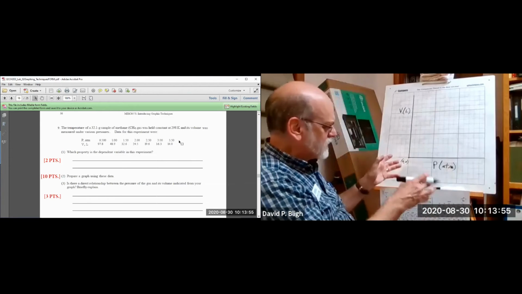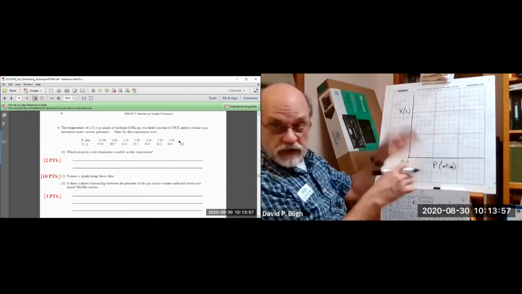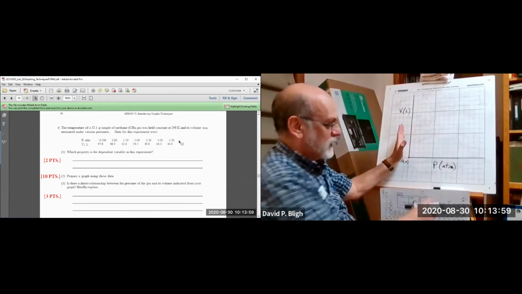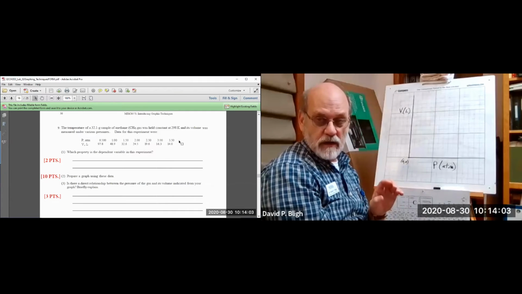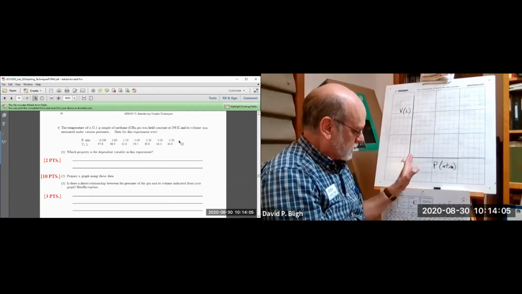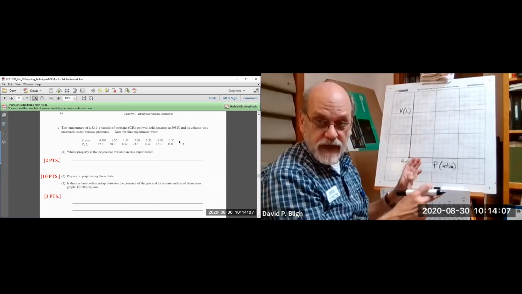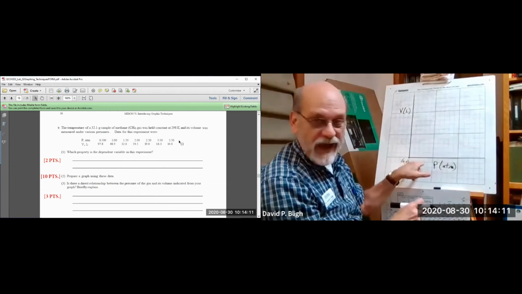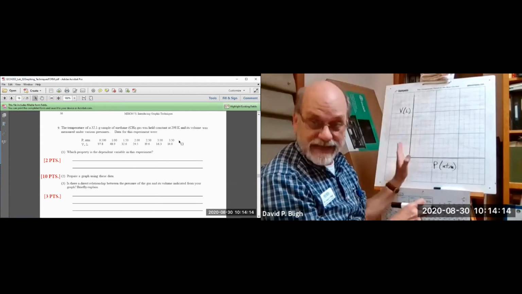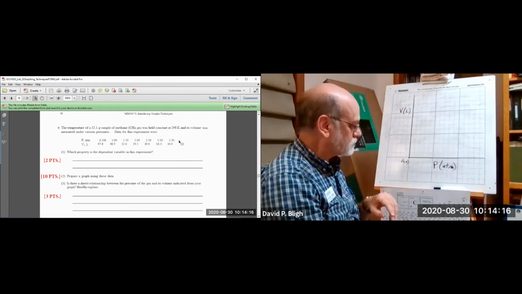So at this point, you could redraw your graph. Just move this over one, and that puts 16 out here. And that gives you room for 4 major tick marks at 1, 2, 3, and 4, and then 4 minor squares inside each one.